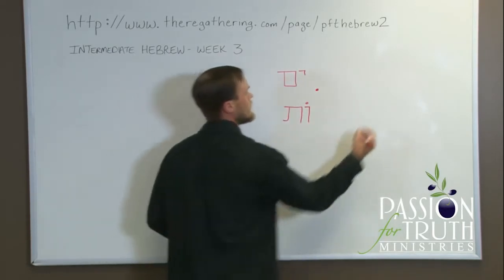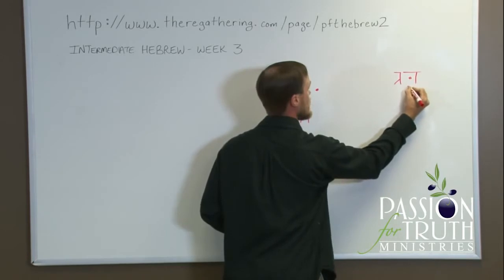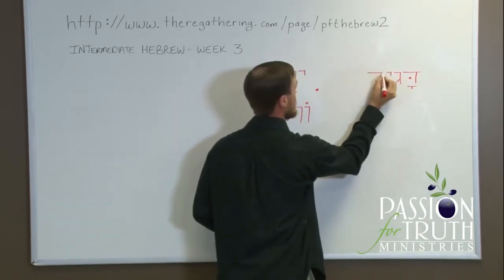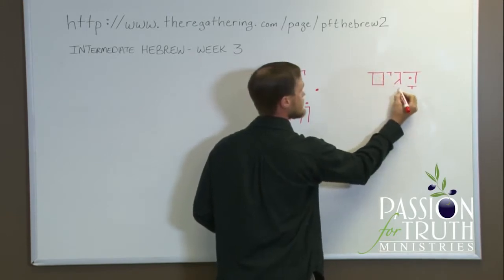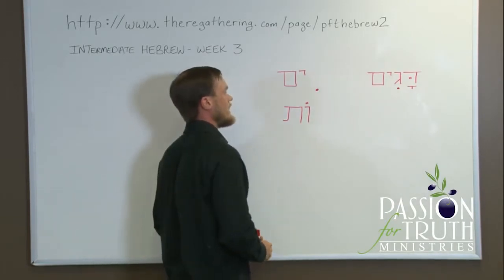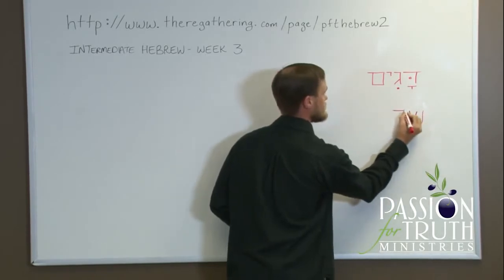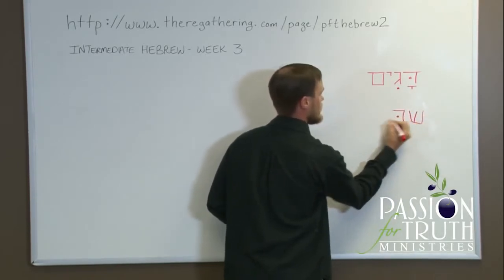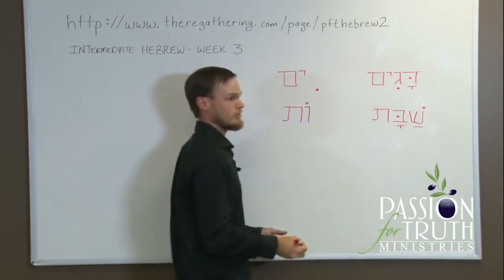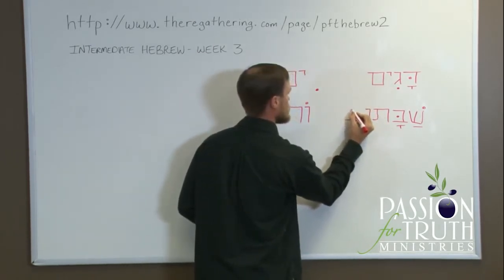Okay, so to change dag, which is a fish, into fishes, it becomes dagim. And to change Shabbat into Sabbaths, more than one Shabbat, becomes Shabbatot.